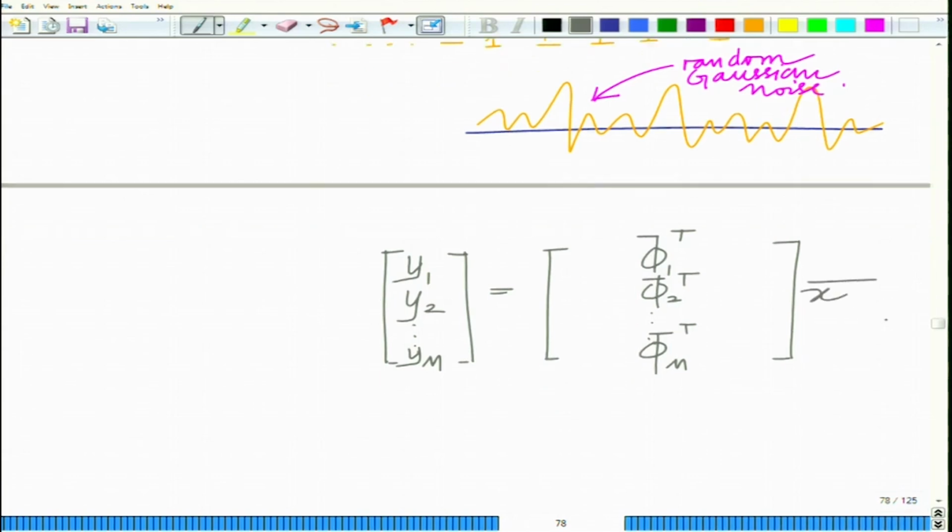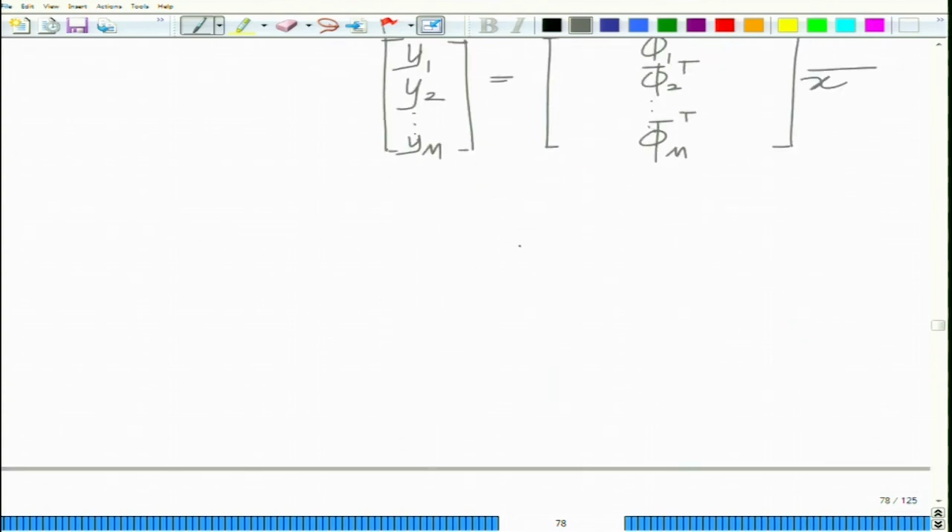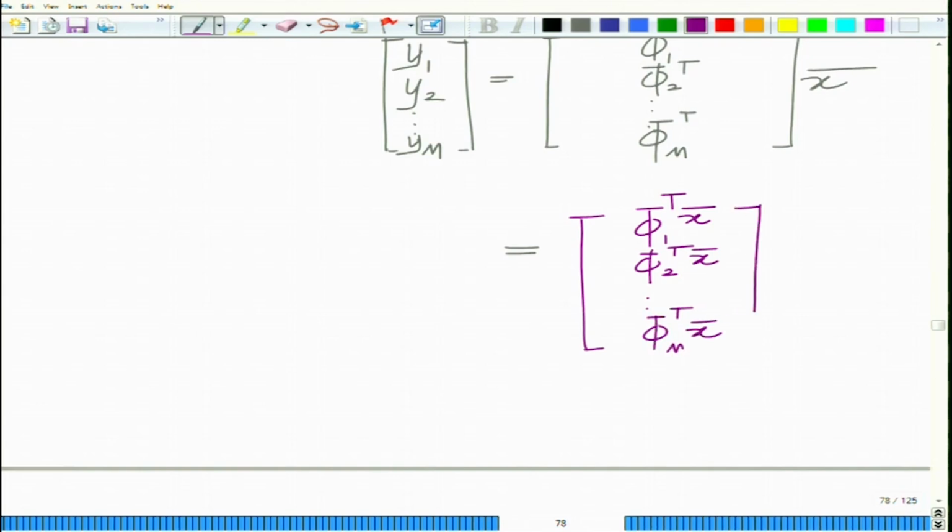So, this is equal to phi 1 bar transpose x bar, phi 2 bar transpose x bar, up to phi m bar transpose x bar.